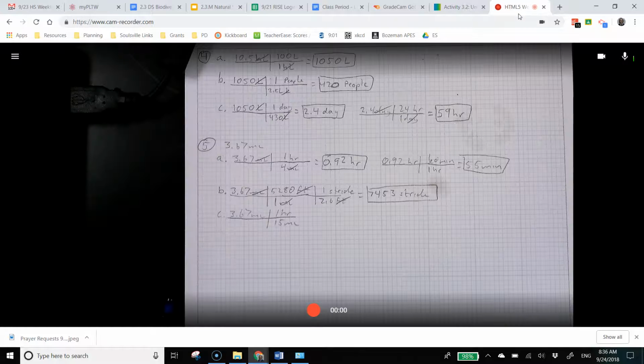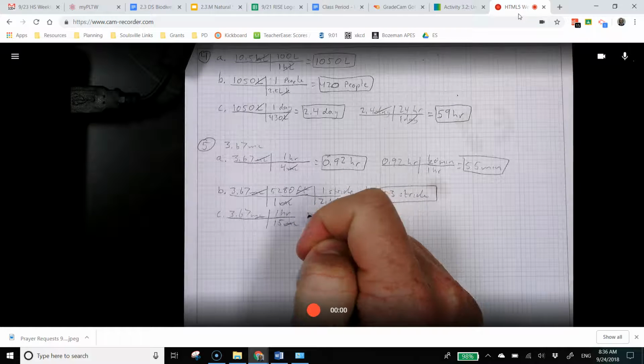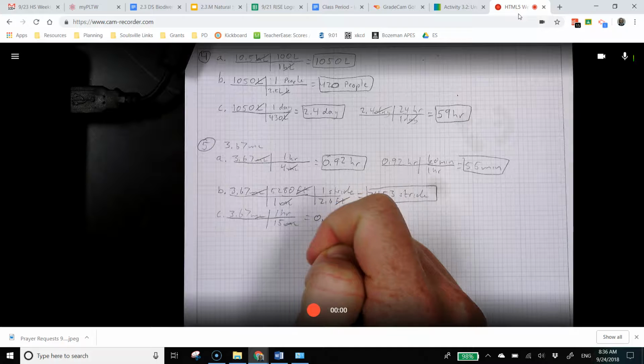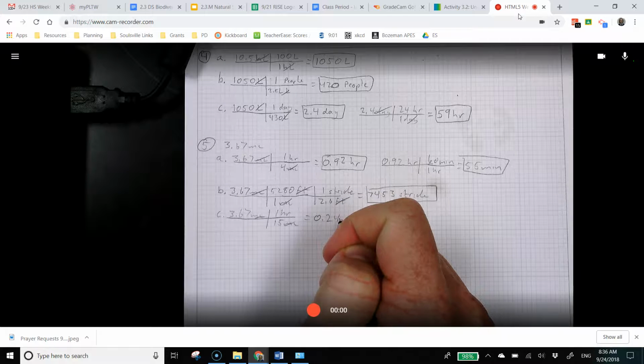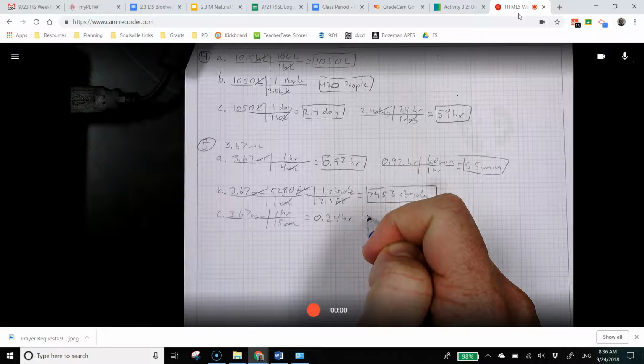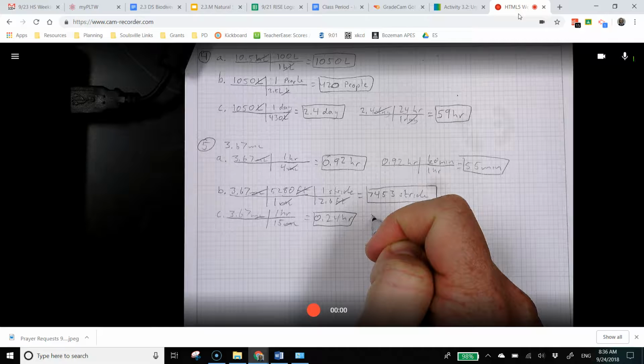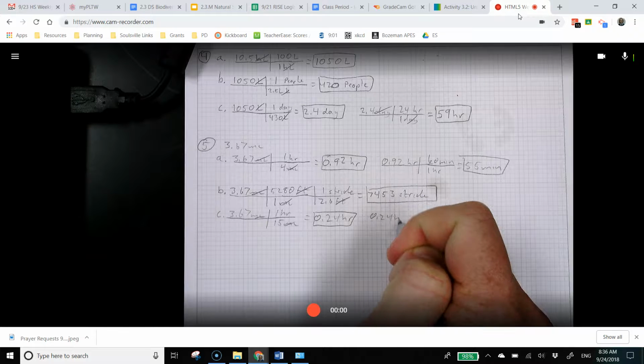So I'll say 3.67 divided by 15 equals 0.24 hours. So that's one answer, and then I convert that to minutes. I'll say 0.24 hours.